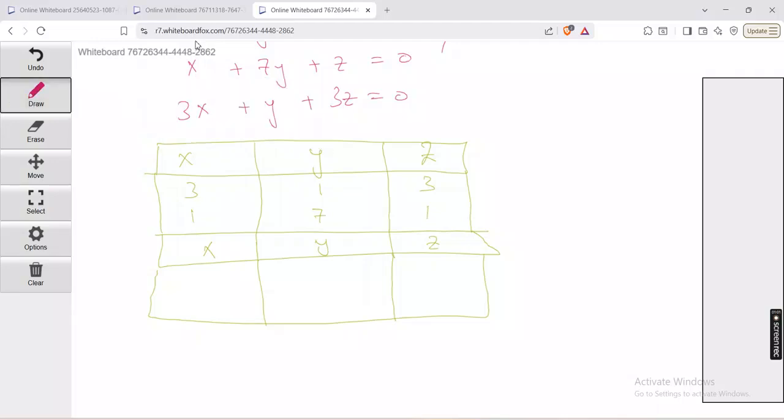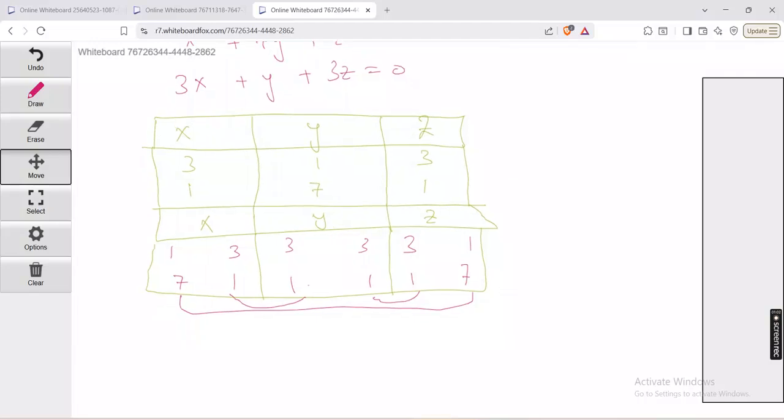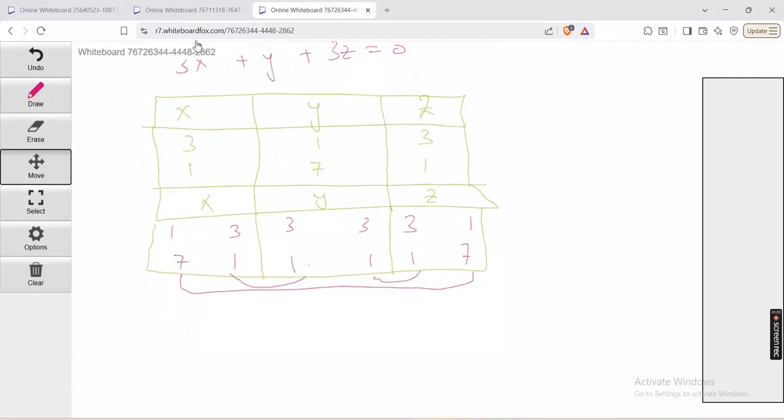So hide x, you will get 1, 3, 7, 1. Hide y, you will get 3, 3, 1, 1. And hide z, you will get 3, 1, 1, 7. And these are all same. It has to be same. If it's not same, you made a mistake.